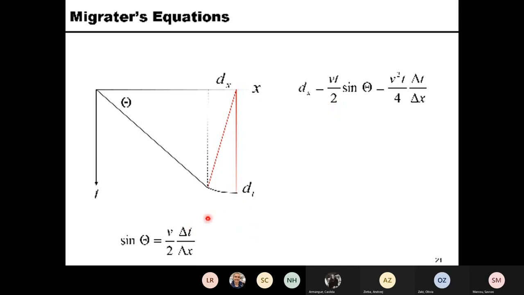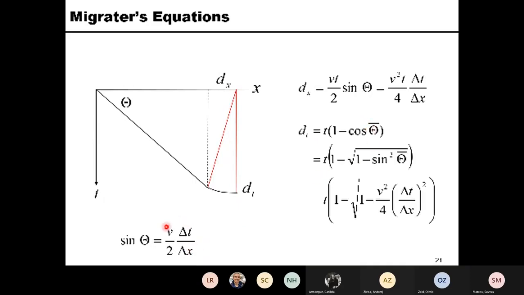So delta x, based on this formula, you just reformulate this, you end up with that formula. Easy, straightforward. Okay. And for delta t, it starts complicated because delta t is this one. It's the total t minus this t, minus this dashed line. So total length for t minus this one.